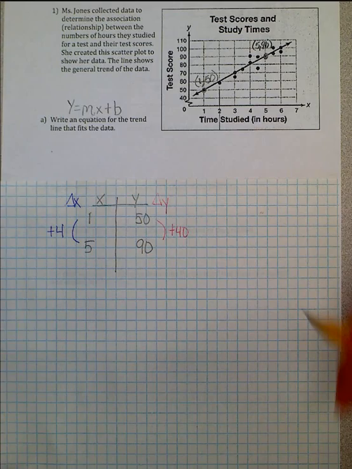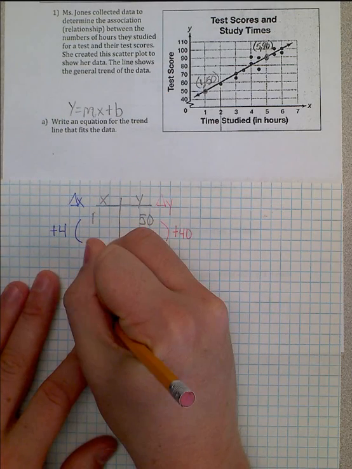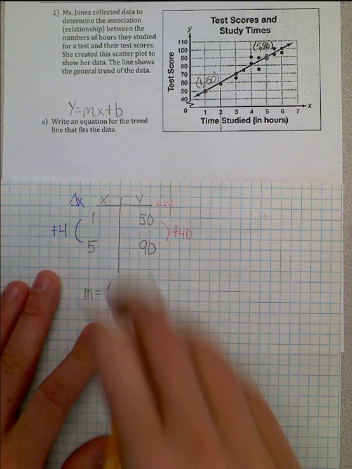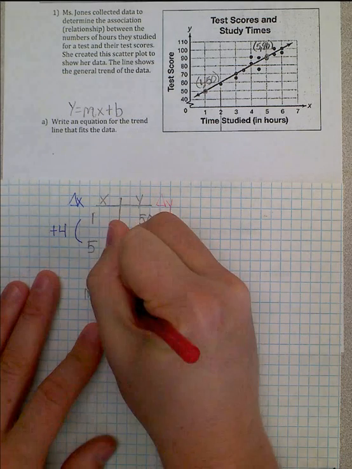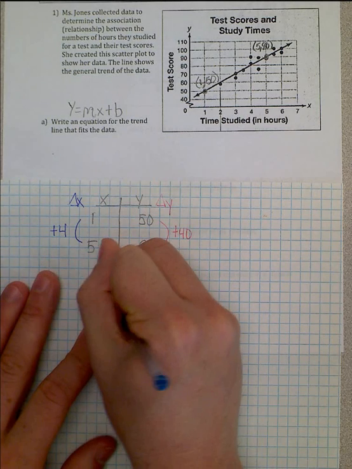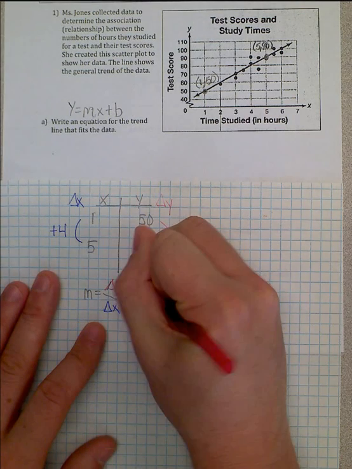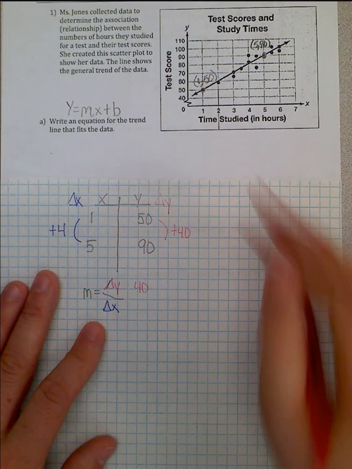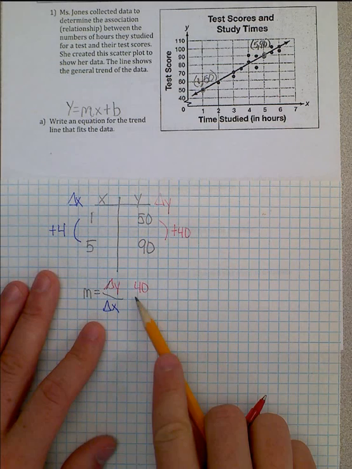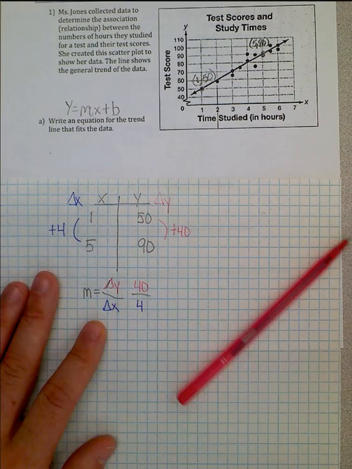So to get the first component of my equation, I just make the fraction: slope is the change in y over the change in x. Or in this case, it's the positive 40 for test scores over the positive 4 for number of hours studied.